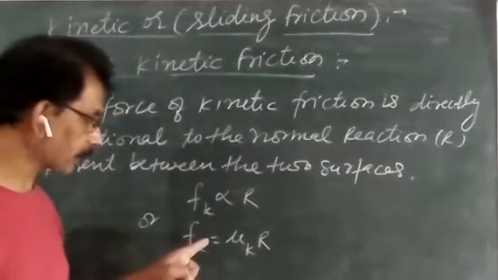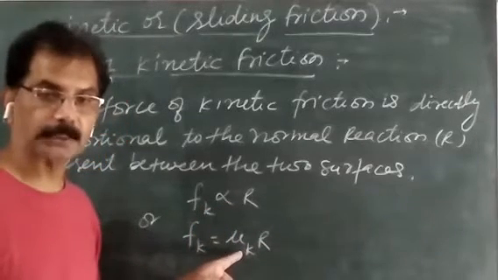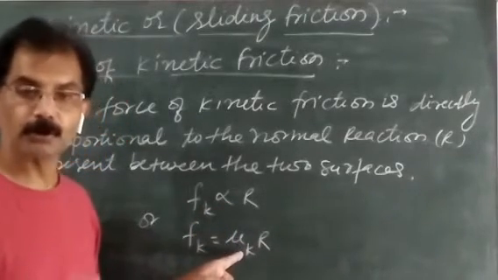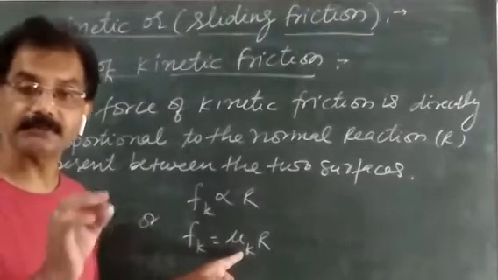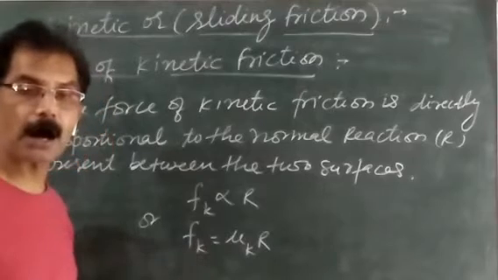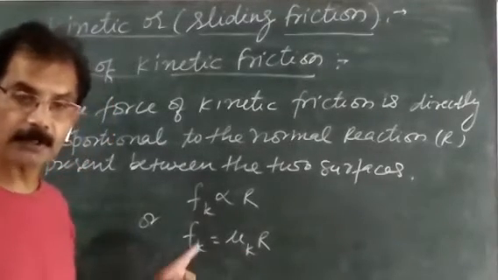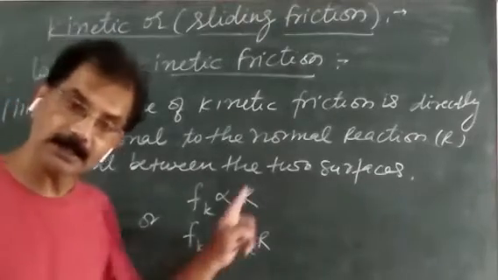So you can write Fk equals mu k R, where mu k is a proportionality constant called the coefficient of kinetic friction. From here, mu k equals Fk upon R. It means the coefficient of kinetic friction is the ratio of kinetic friction to the normal reaction.